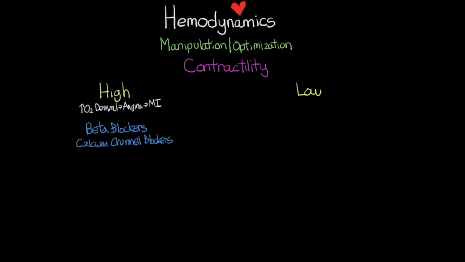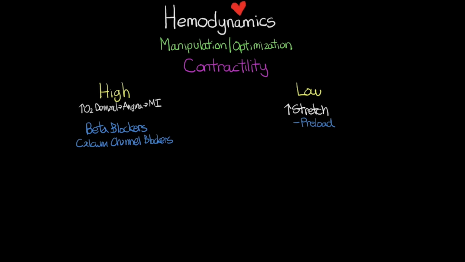So now in the case where our patient's contractility is too low, there's three different things that we're able to do to improve the contractility. The first of these is we can increase the stretch. And again, this is going to be our preload. So again, think about Frank Starling law and how that applies. Increase the stretch, increase contractility.